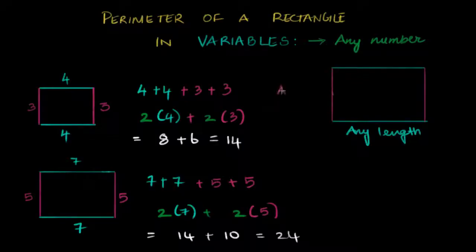It can be any breadth. I just have to add that also twice. 2 times length plus 2 times breadth. So I'm just going to write that over here. My perimeter is going to be equal to 2 times the length, whatever length this is, plus 2 times the breadth.